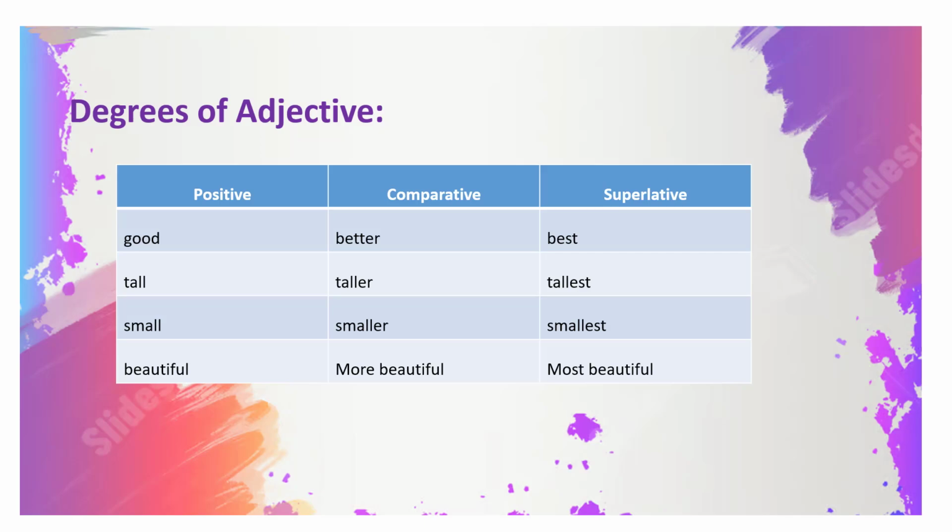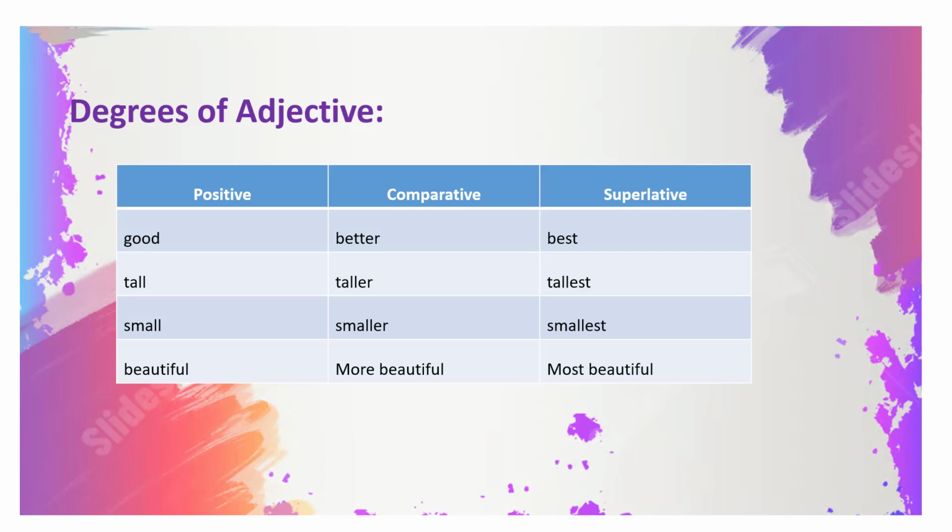There are degrees of adjective. Degrees are three: positive, comparative, and superlative. Positive degree is also called the base form of the word, and the comparative degree is used when we compare two things, two people, or two places.